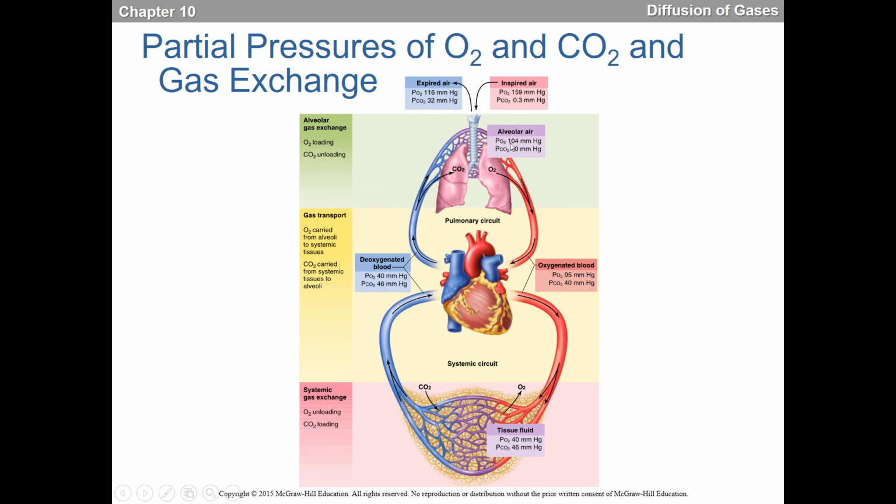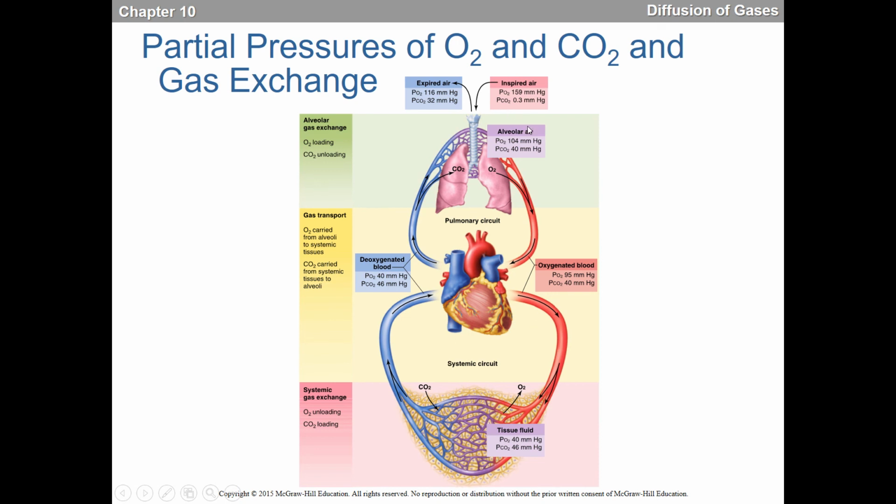So it's essentially going to drop down this whole time, and then it's going to pick back up over on this other side of the figure. So essentially inspired air 159, 104, then in the blood it's around 95, and then in the tissue it's around 40. So if you notice, this number is going down.